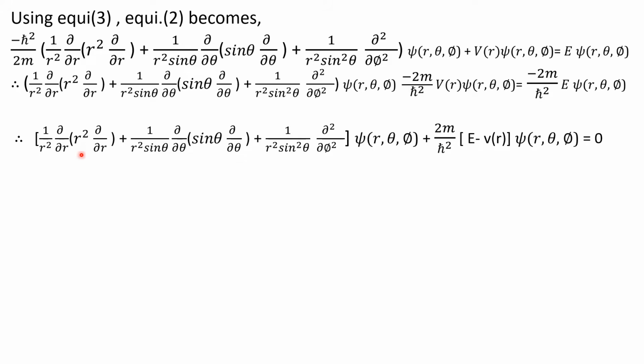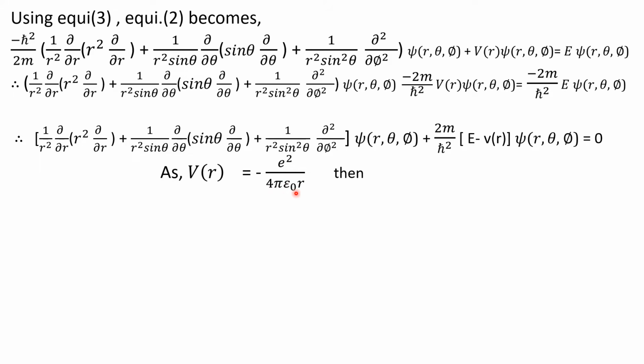Simplifying, we take 2m by h cross square common for V of r and E, and write the equation with bracket E minus V of r, psi r theta phi equal to 0, where V of r is the potential energy of an electron in the hydrogen atom, whose value we found earlier.